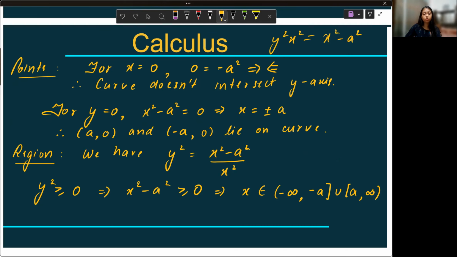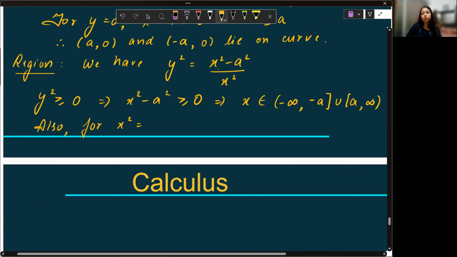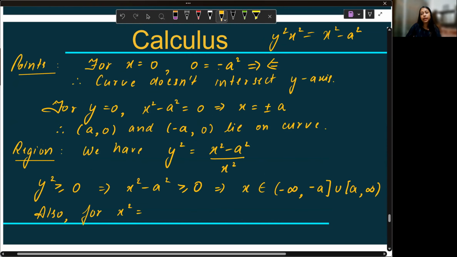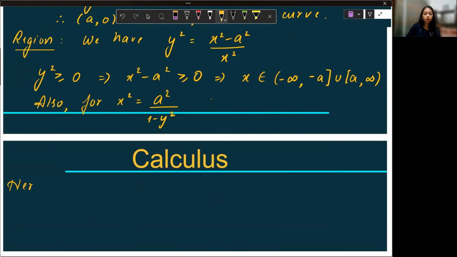Similarly, I can find out the range for y. For x square, it's what? x square would be, taking common, a square divided by 1 minus y square. Here x square is greater than 0 and a square is already greater than or equal to 0.